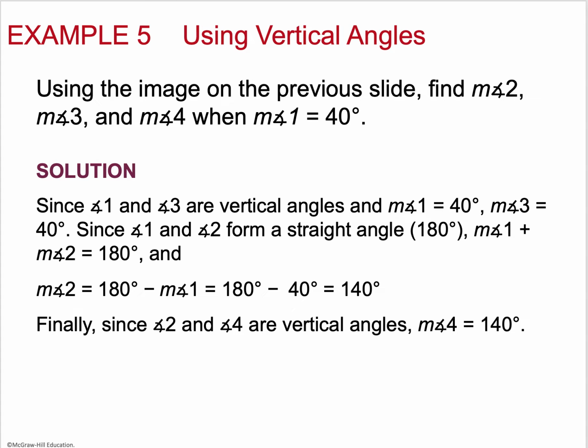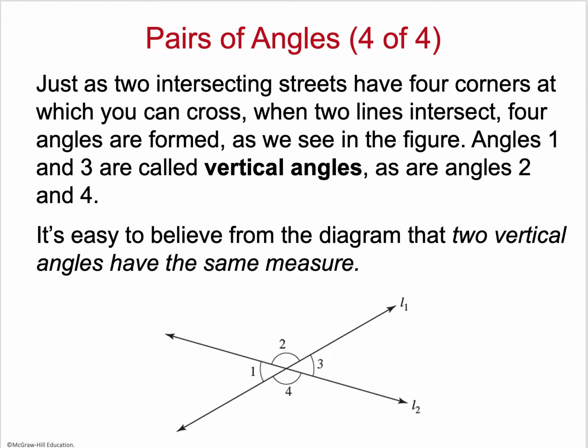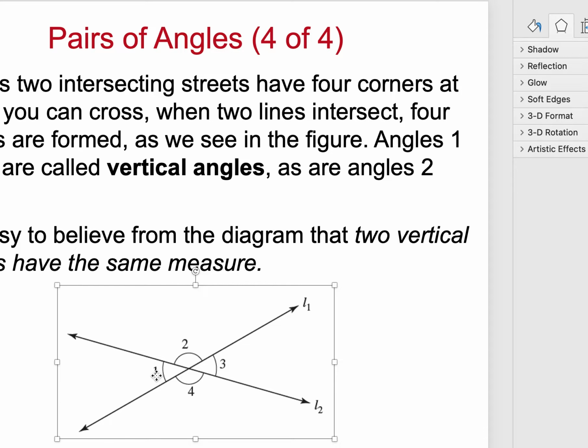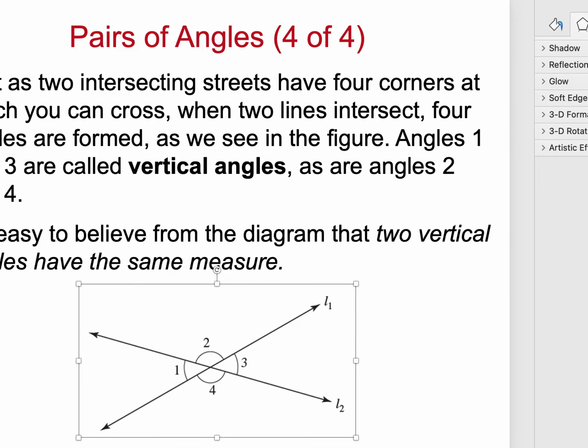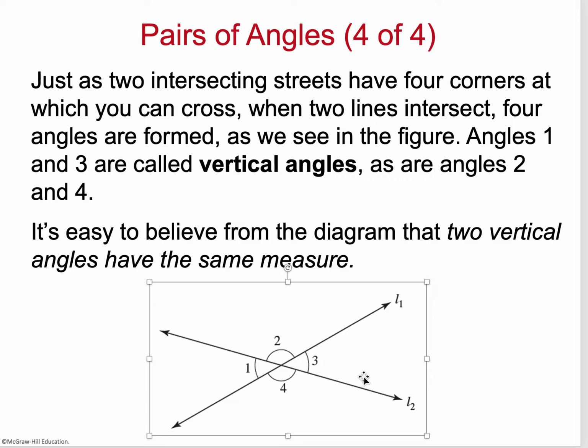So if I use the image on the previous slide, and angles 2, 3, and 4 are what I'm looking for, and I have angle 1 is 40, so this angle is 40 degrees right here. Then that means that angle 3, by definition, is also 40 degrees. Now the question becomes, how do I find angle 2?